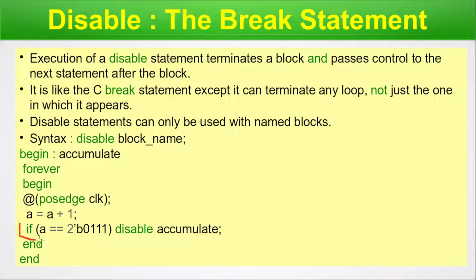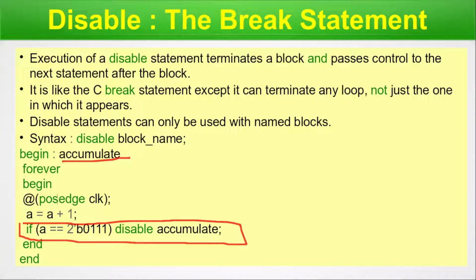In this statement, you will see that if this condition happens, then this particular block, not only this forever one, the entire block, stops operating and the execution goes to the next line of code, however the code is organized.